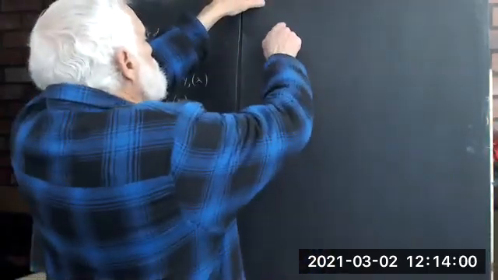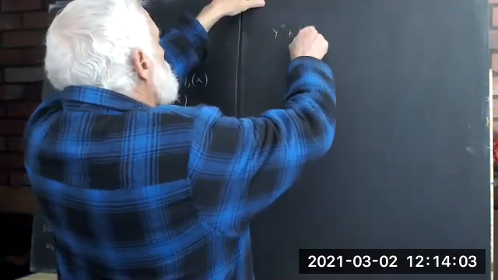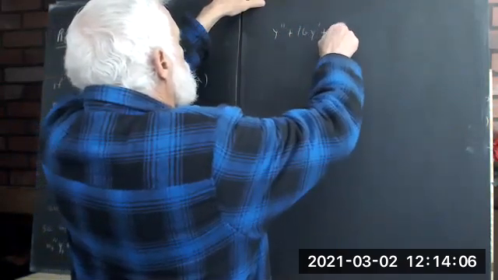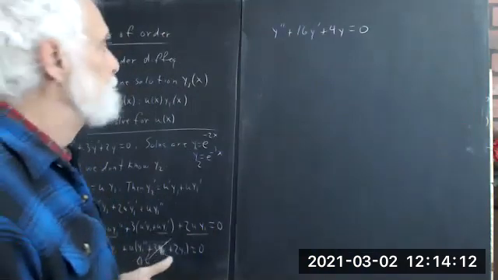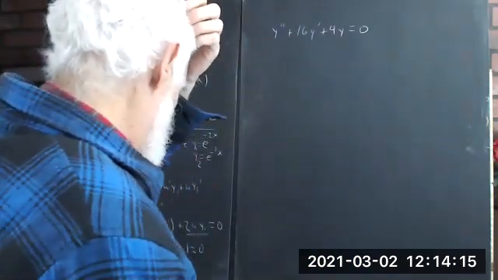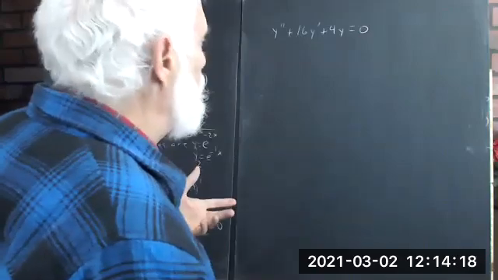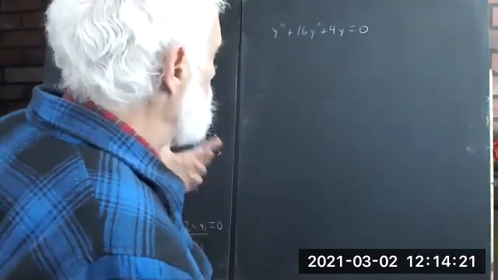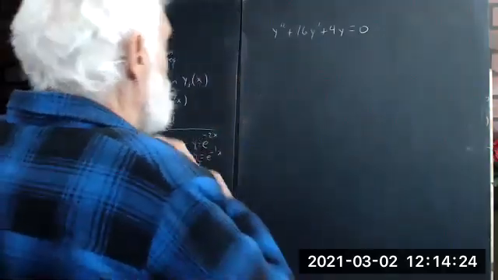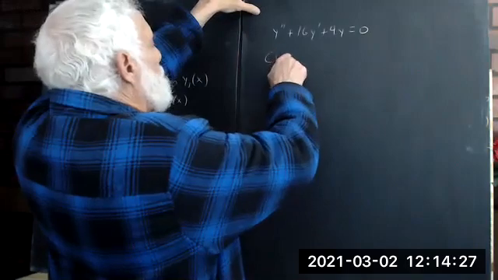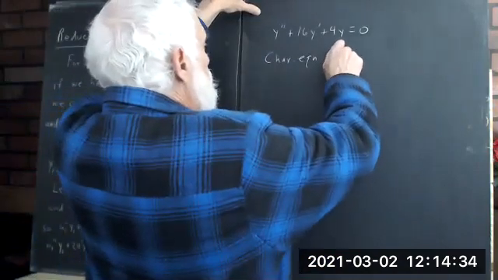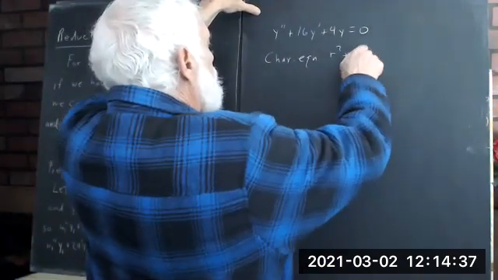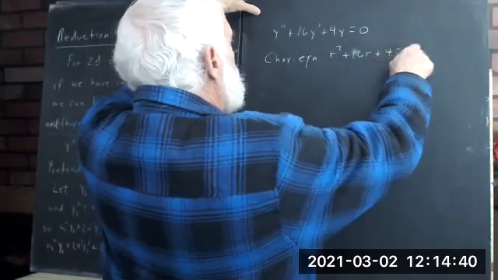So let's take the equation here. When you get the characteristic equation, if you remember what I did last time, let y equal e to the rt, the characteristic equation is r squared plus 16r plus 4 equals 0.